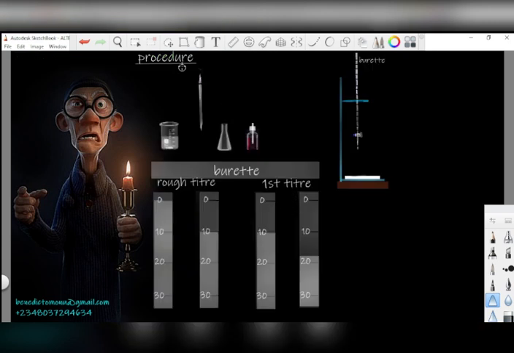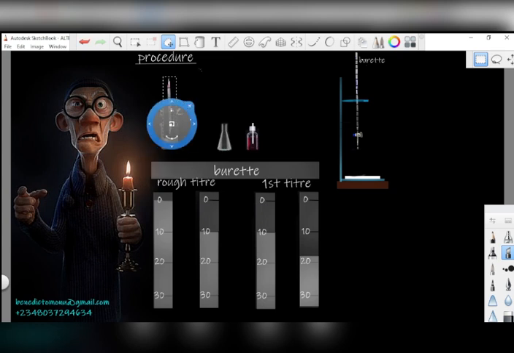Now, this page helps us to see the procedure in carrying out a titration. Now, I have my base in here. I have explained this before, I'm explaining it again. This is my base. With the aid of a pipette, I'm going to collect a given volume of base. When I collect the given volume of base, which is like 20 or 25 based upon how my experiment goes, I'll drop it here.